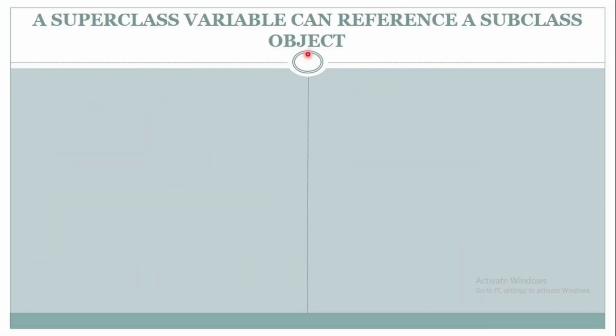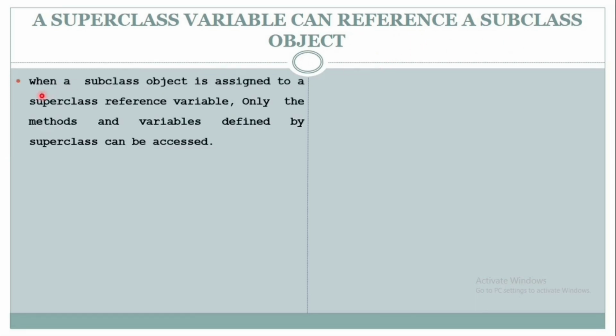A superclass variable can reference a subclass object. When a subclass object is assigned to a superclass reference variable, then only the methods and variables defined by the superclass can be accessed. Now let us understand this with a simple example. For that I'll be taking a pen.